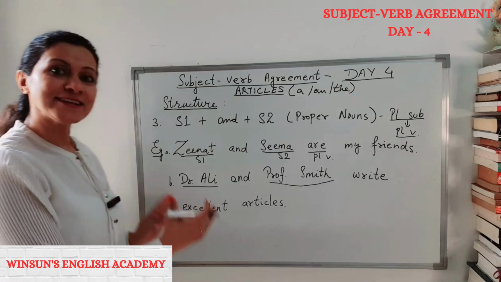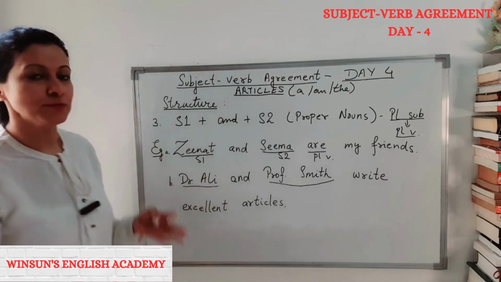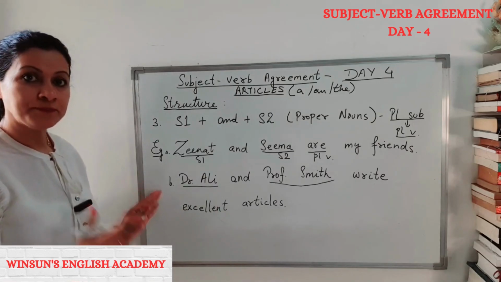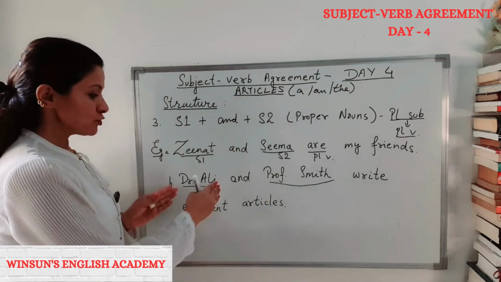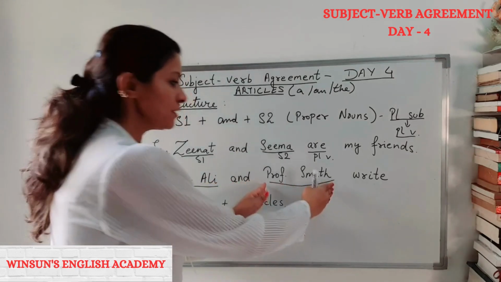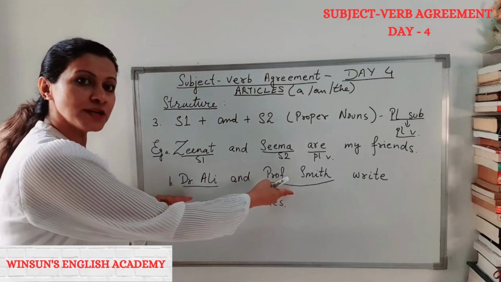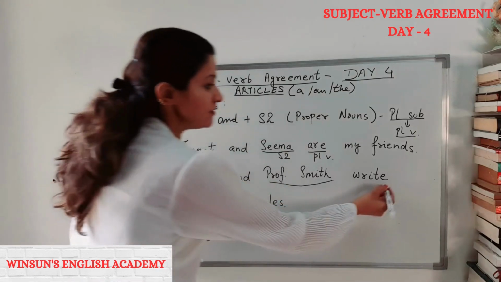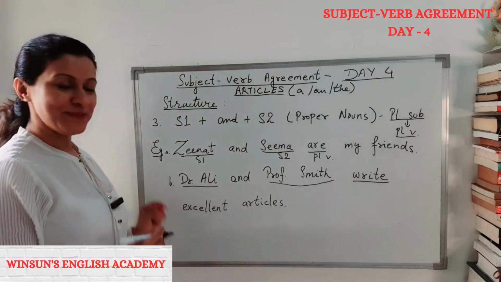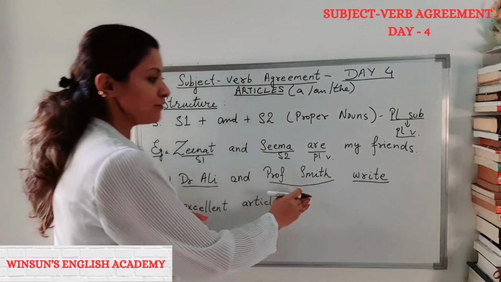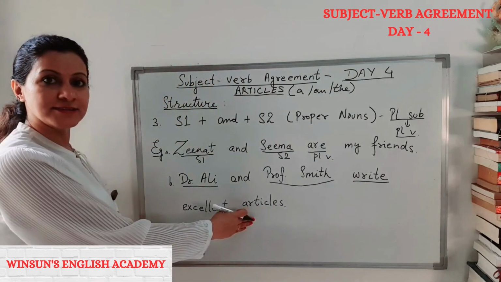So these are their titles, okay? And it's all right to use them. We must use them, but we do not use any article before them. So Dr. Ali and Professor Smith, two different people, right? So they are plural subjects, and that is why we take the plural verb without S. Okay, so Dr. Ali and Professor Smith write excellent articles.